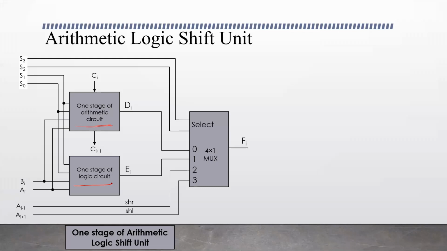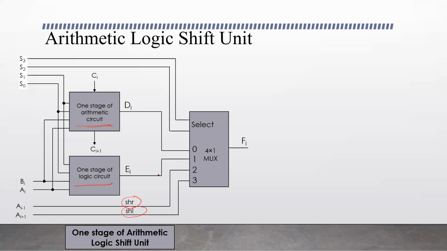And here shift micro operations are performed, shift right and shift left. Finally, we have a multiplexer that chooses one among these 4 operations: arithmetic micro operation, logic operation, shift right, or shift left.